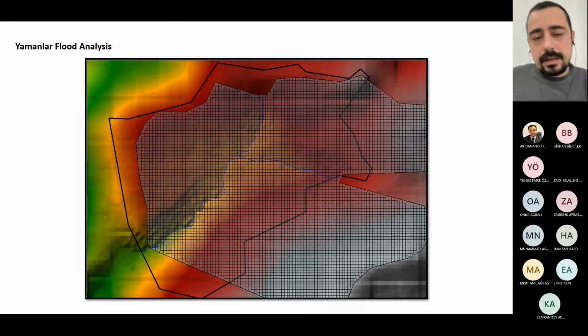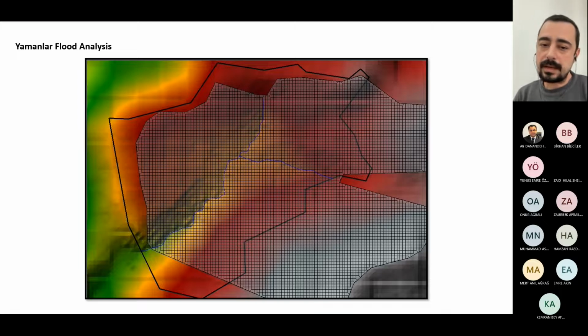All right, this is another project, one of the oldest ones, I think, that I've worked on. Yamanlar project. Instead of one-dimensional flood analysis, here we use two-dimensional flood analysis. As you can see, there are lots of meshes in the region.